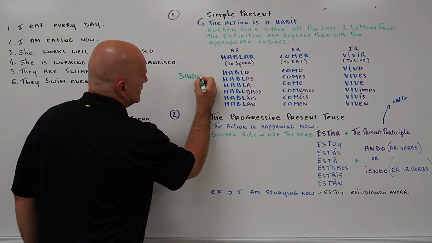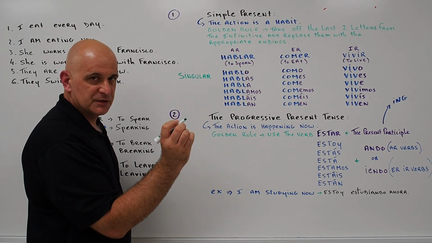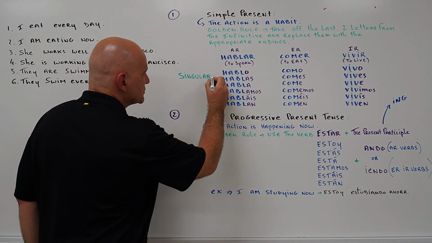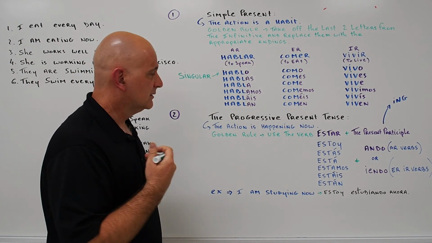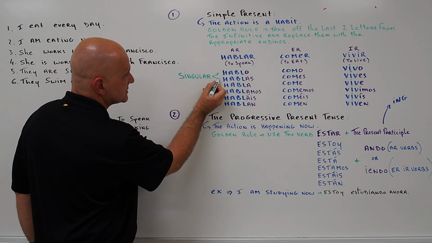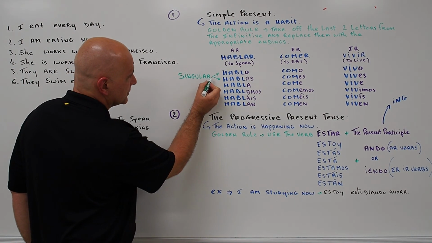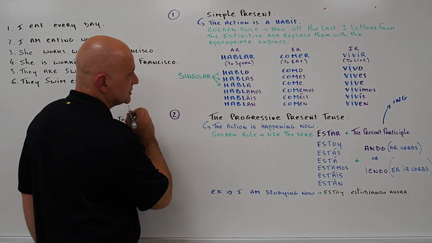You're going to have 3 subjects within the singular. The first one is going to be the first singular, which is I. The second one is going to be the second singular, which is you. The third one is going to be the third singular, which is he or she.